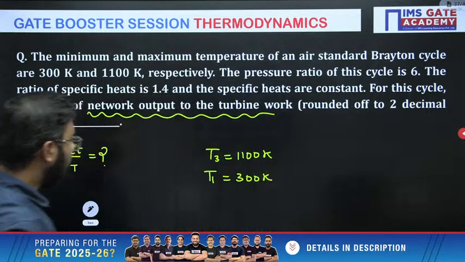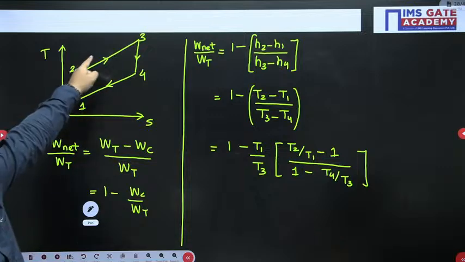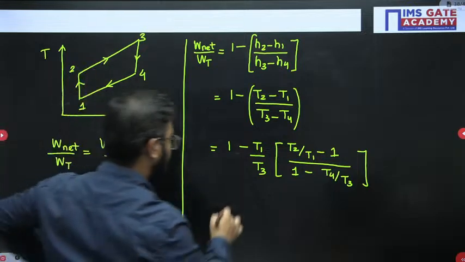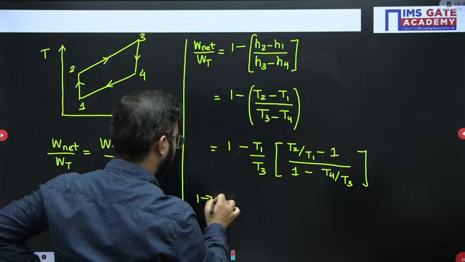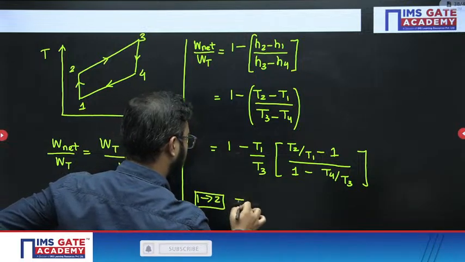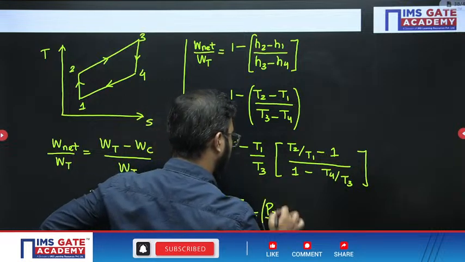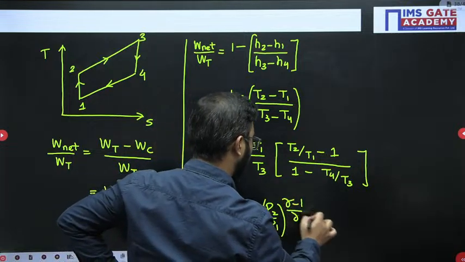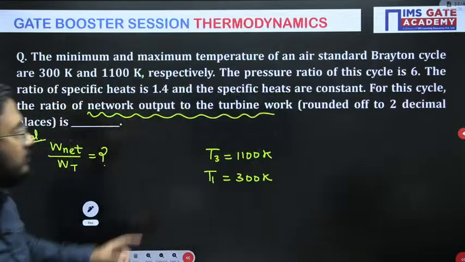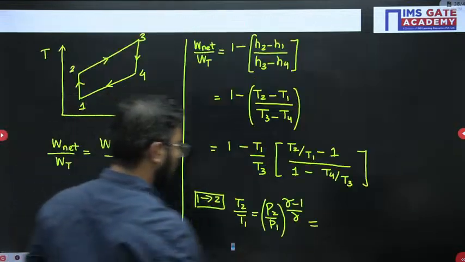Now you need to understand that 1 to 2 is an isentropic process, and 3 to 4 is also an isentropic process. So for the 1 to 2 process I can write T2 by T1 as P2 by P1 to the power gamma minus 1 upon gamma. P2 by P1 is the pressure ratio, which is given as 6 in the question.